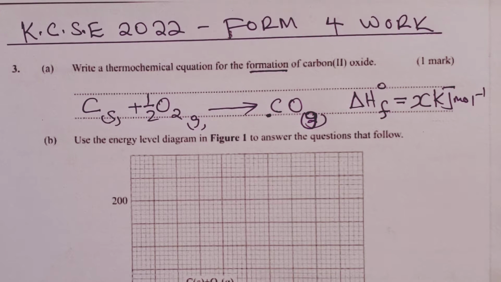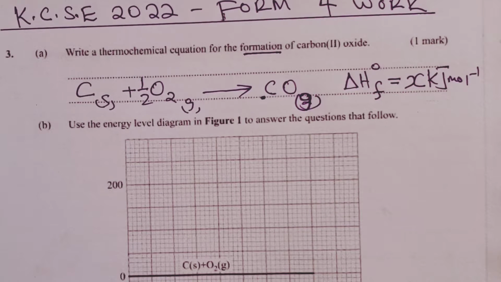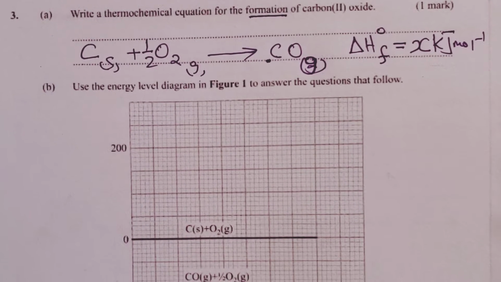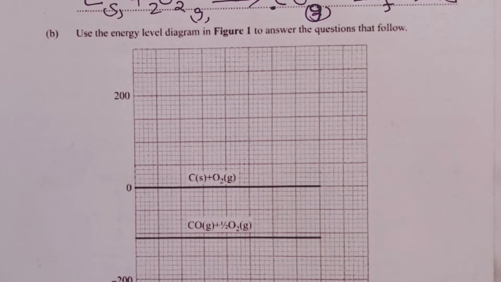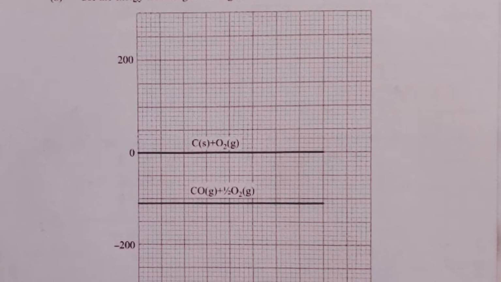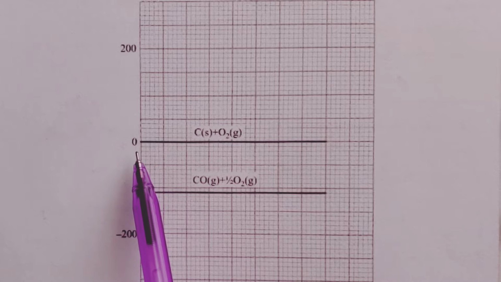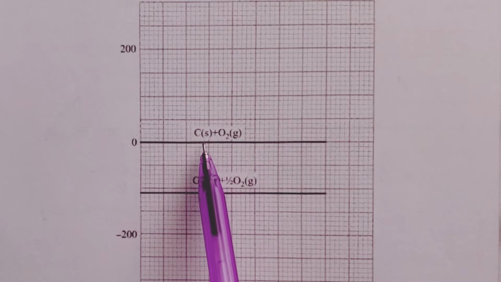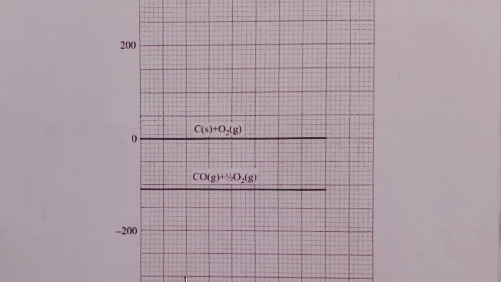To part B, we have an energy level diagram here as figure 1, and we are told to use it to answer the questions that follow. So on the x-axis we have energy, and at energy level 0 we have carbon in solid reacting with oxygen in gas.